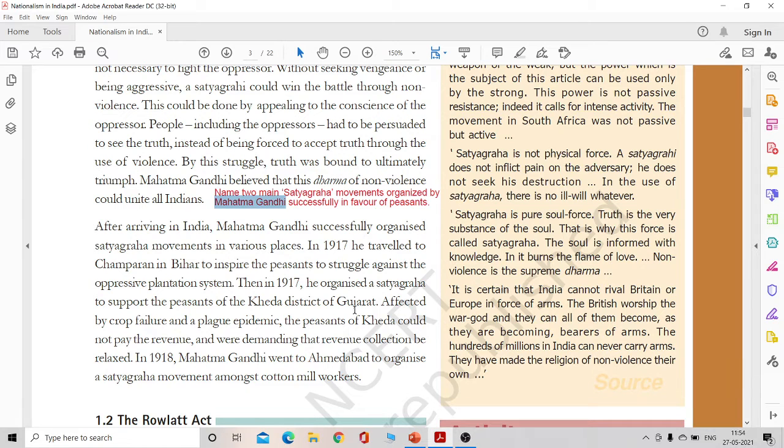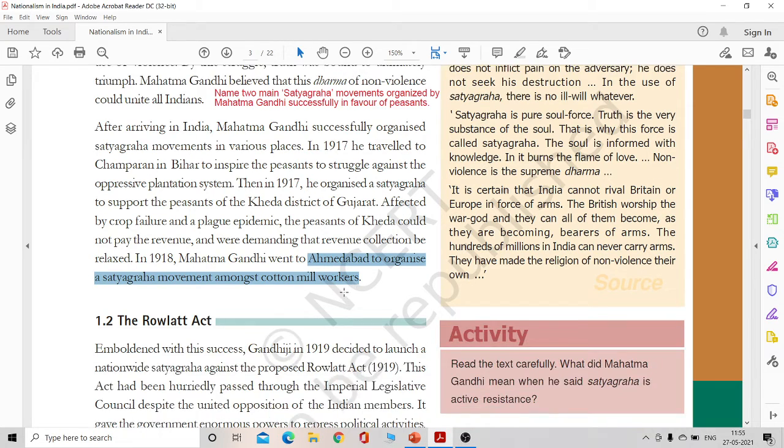But if only peasants are mentioned, make sure you are only writing about Champaran and Kheda, right? I'll repeat again, Ahmedabad was only for cotton mill workers. These little tiny things make a huge difference. That is why you have to remember it.